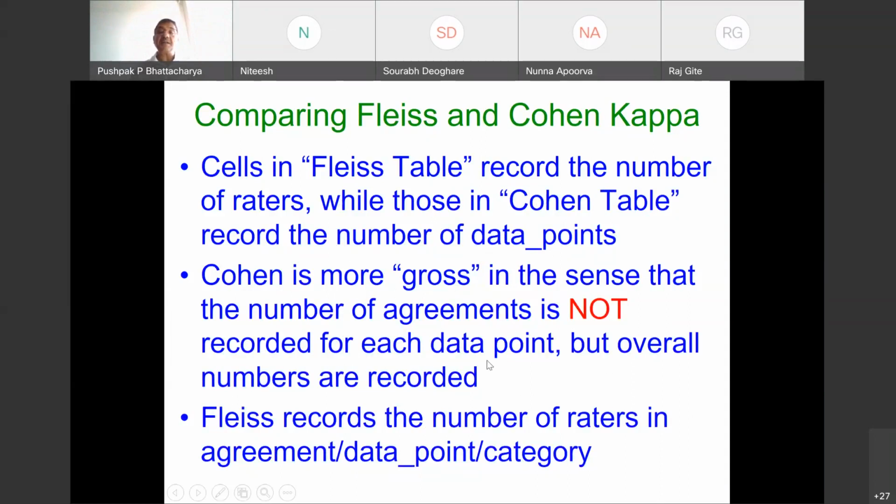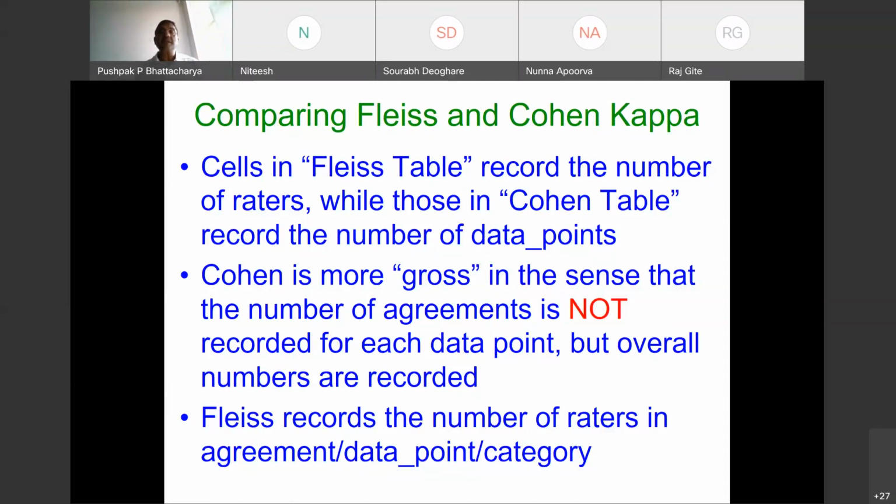overall numbers are recorded. Okay, so from Fleiss table, if there are two raters in two categories, then from Fleiss table, you will be able to construct the Cohen table. Okay, but not vice versa. From Cohen table, you will not be able to obtain the Fleiss table.